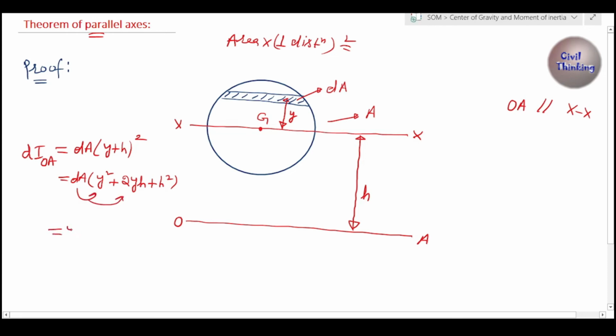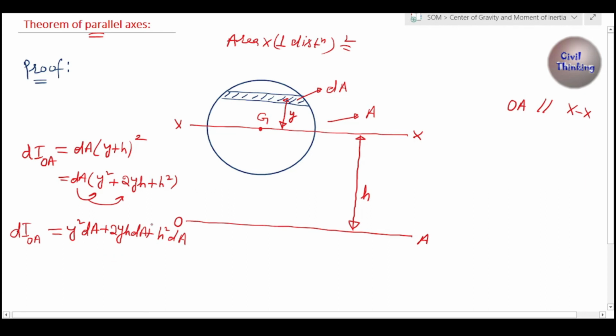This is y square dA plus 2yh dA plus h square dA, which is dIOA. This is the moment of inertia of this dA element with respect to OA.